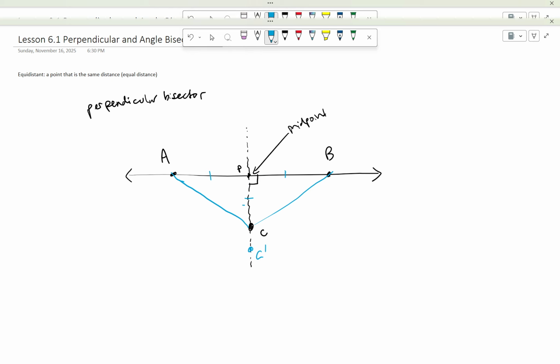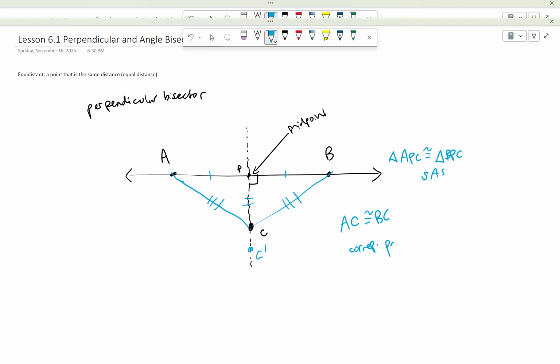And then PC is going to be reflexively congruent to itself, so through side angle side, I could say that triangle APC is congruent to triangle BPC, because it's side angle side, which means that BC and AC will have to be congruent because of corresponding parts.